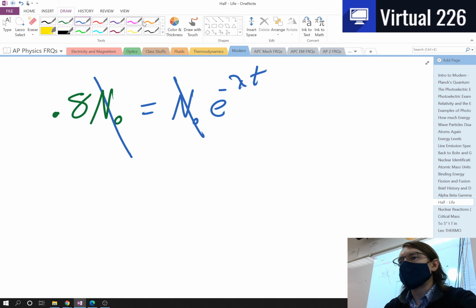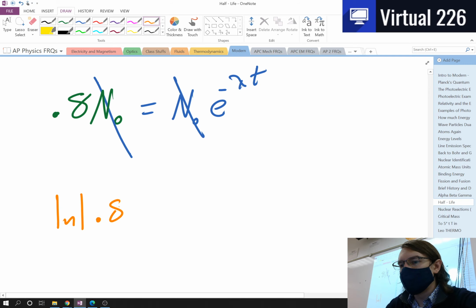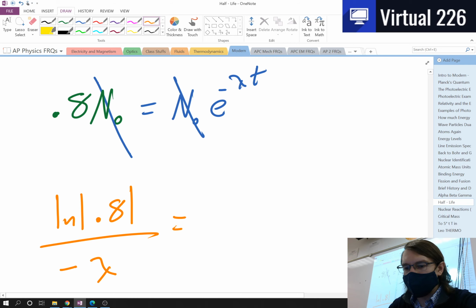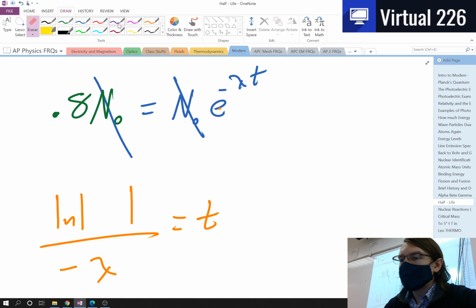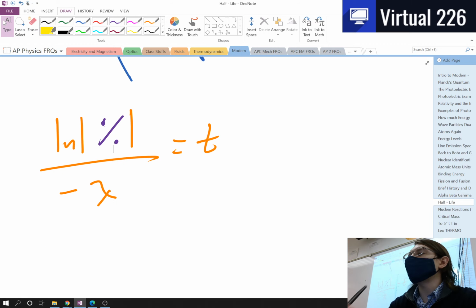And then what we're quickly able to do, just moving some things around, is we can say that the natural log of 0.8 here divided by negative lambda is going to equal that amount of time. Natural log got rid of the e, brought the negative lambda under, just like before. So in general, if you're looking for a percent of the original quantity, you can put that percentage in here. And this will give you the amount of time it takes to get down to that percentage.